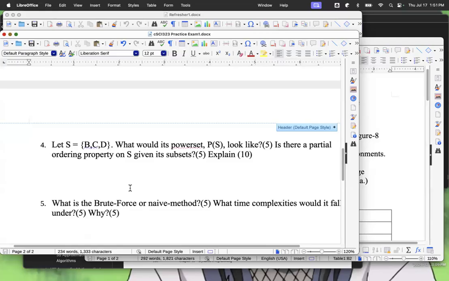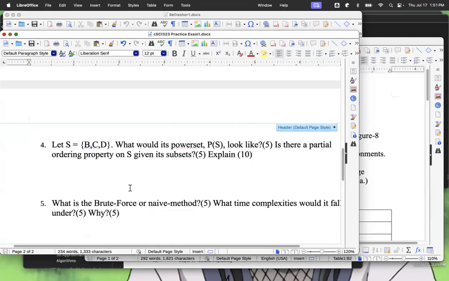Is this related to factorials, like the idea of expanding it out to all the possible subsets and then multiplying that together? Close, but not quite. Later on, we're going to talk about exponential functions. And taking the power set of all possibilities, that's one of our brute force methods.